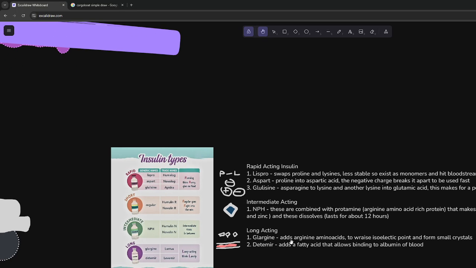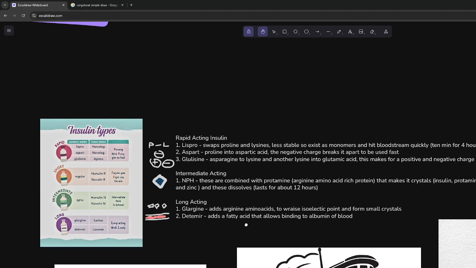So long acting, detemir, adds a fatty acid. I think it's from stearic acid, and that allows for reversible binding to albumin of the blood and the subcutaneous tissue. There's another few like that, but this is just the main variety of these.